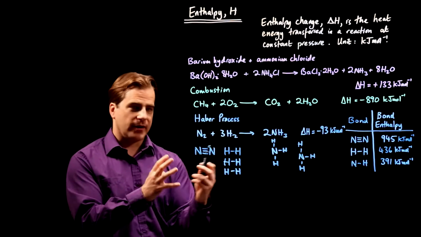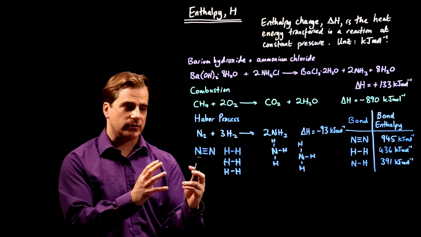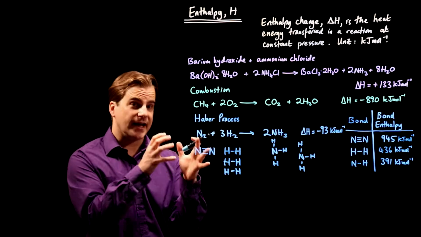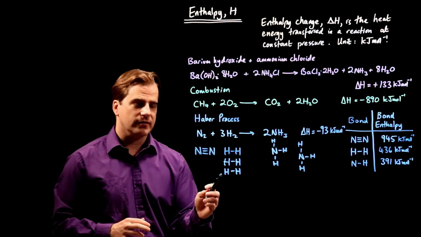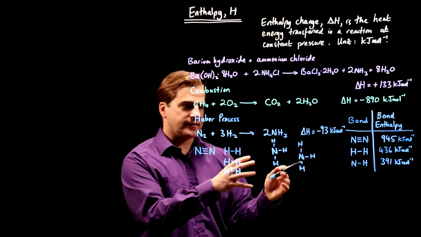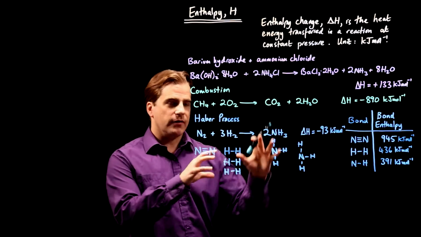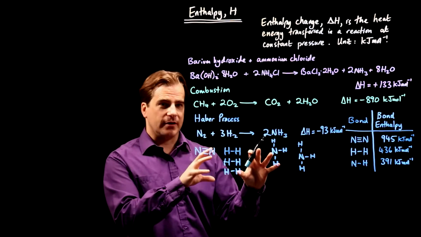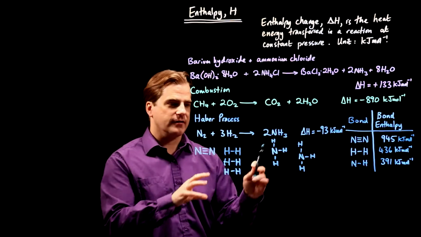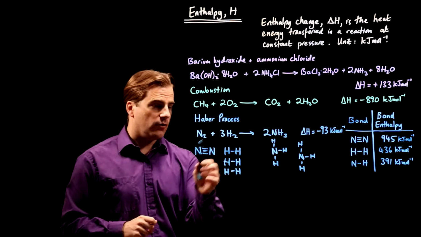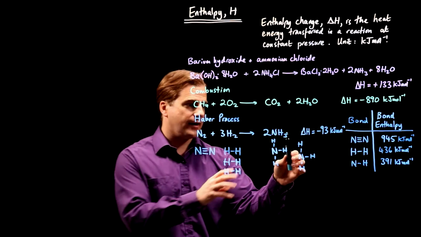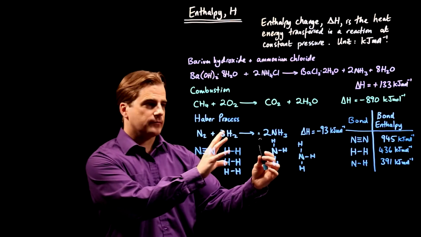And the enthalpy, the chemical potential energy, is stored in the bonds. So in a reaction, you have to put energy in to break these bonds, and then energy is released when these new bonds are formed. And those 2 energies are very rarely the same. They're different.